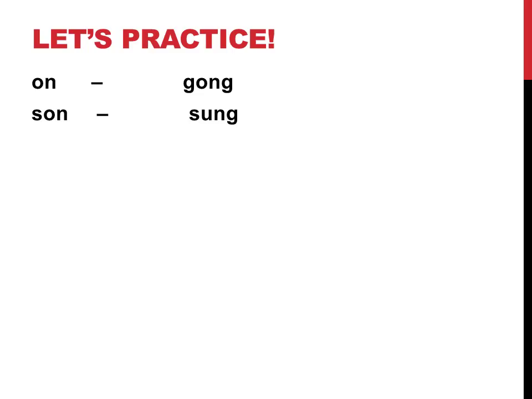Try that again. Sun, sung. And another one. Pin, pink. Now in this case, although it's a K at the end, it's still that ng sound, pink. It's very difficult to say pink with the tongue at the front of the mouth. It naturally becomes an ng sound, even though it's a K at the end.